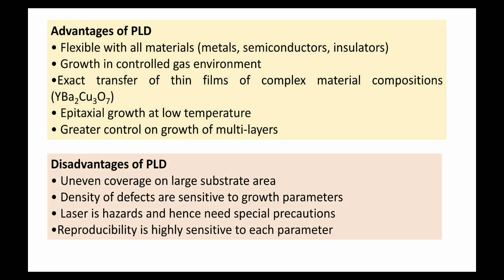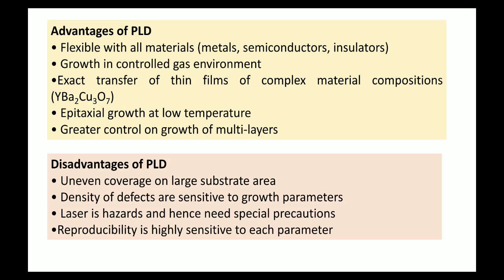Number 3 is very important: exact transfer of thin films of complex material composition. What does it mean? You can see a material which looks very complex, for example yttrium barium 2 copper 3 oxygen 7.